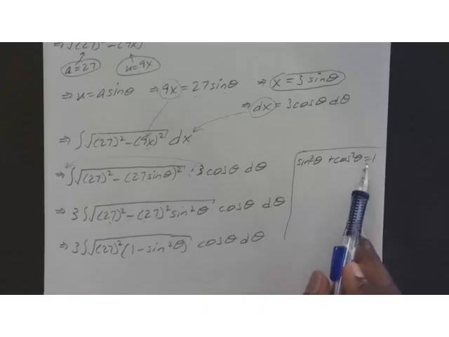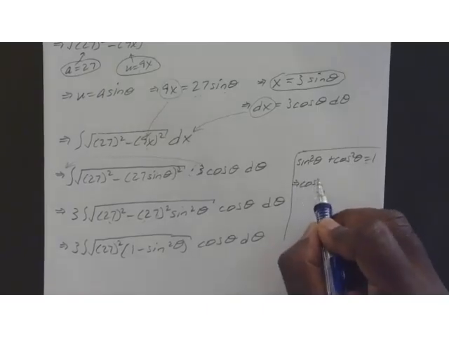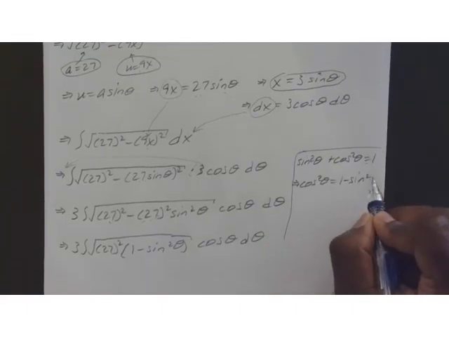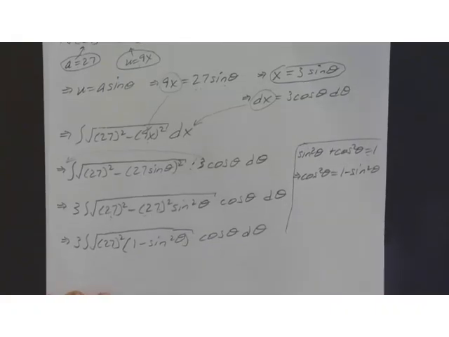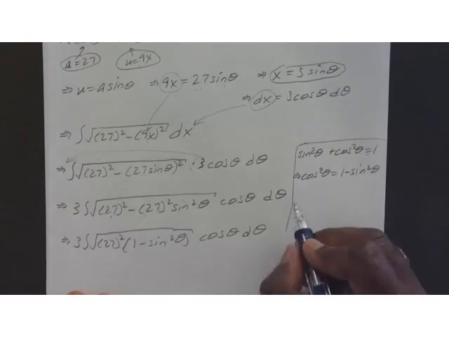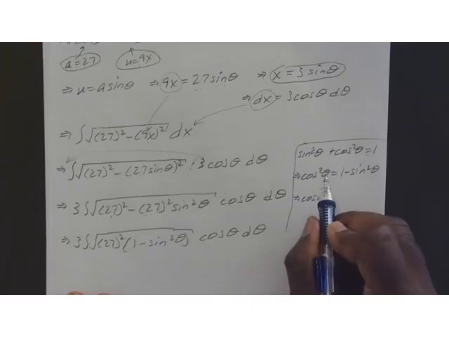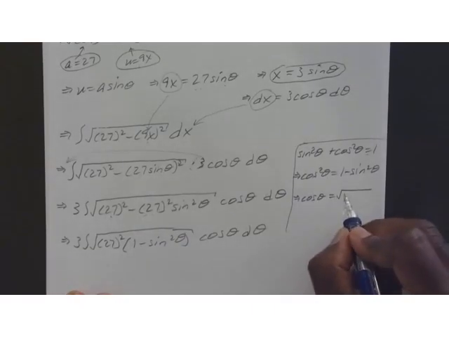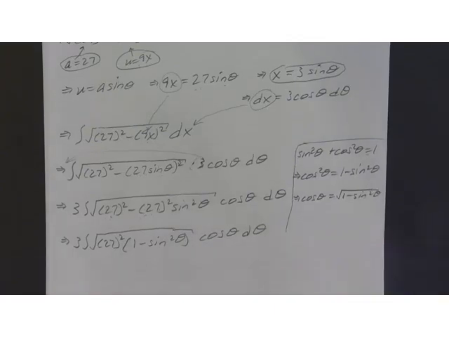So if we subtract sine squared from both sides, that gives us cosine squared is equal to 1 minus sine squared. Okay, so if we square root both sides, the square root of cosine squared is just cosine, is equal to the square root of 1 minus sine squared of theta.